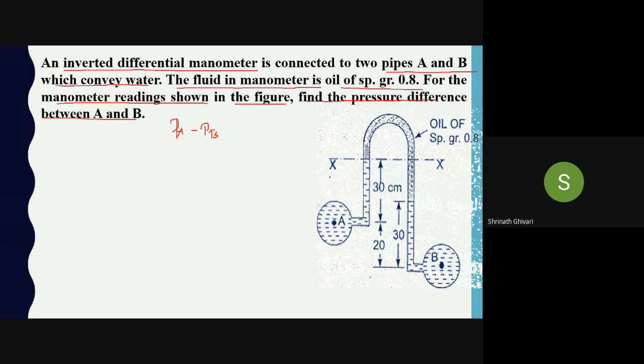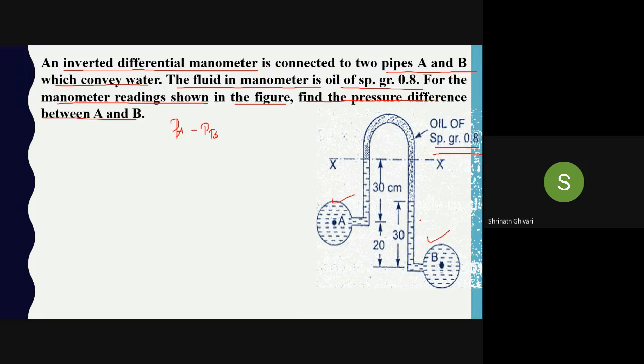Okay. Now my question is, why has he taken oil of specific gravity 0.8, but the specific gravity of water which is flowing through the pipe is 1? As I have told, the manometric liquid should have more specific gravity compared to the liquid flowing through the pipe. But it is opposite over here.